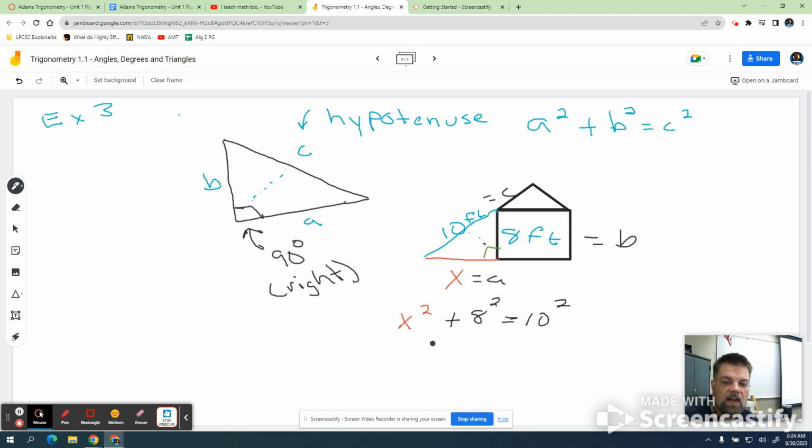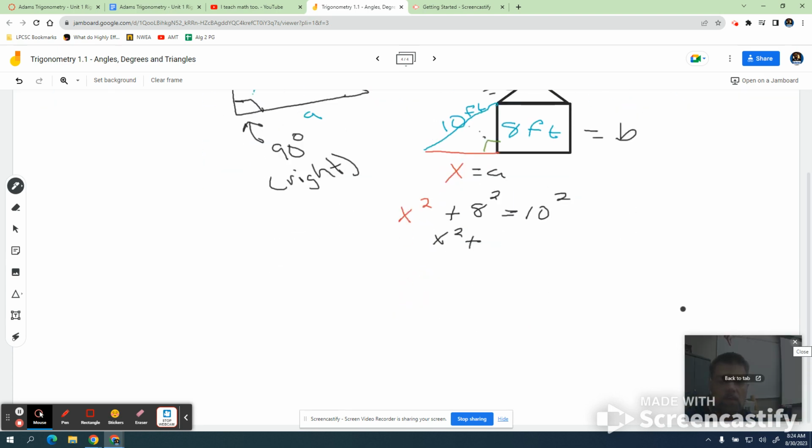And so we'll do some math. We'll say x squared plus, what's 8 squared? Yeah, 64. And then what's 10 squared? 100. So now we got to do a little bit of math.